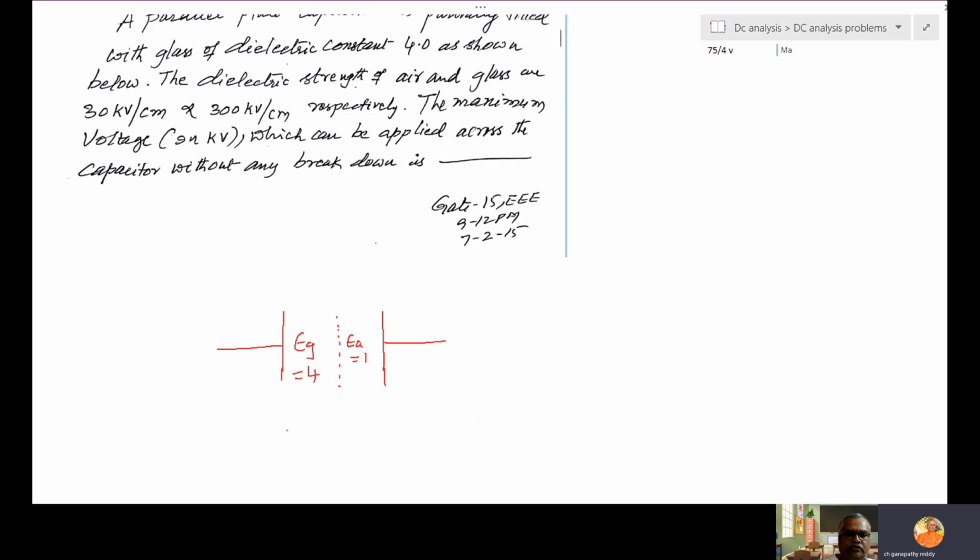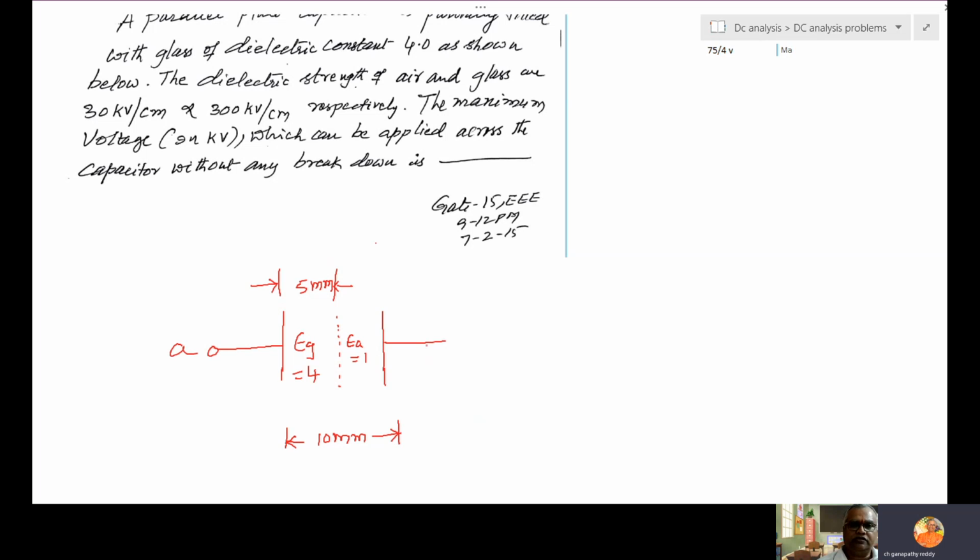So total distance is 10 mm given, and this is 5 mm given. This data is given. What is shown in the figure I drew wrongly, so therefore the concept goes differently.